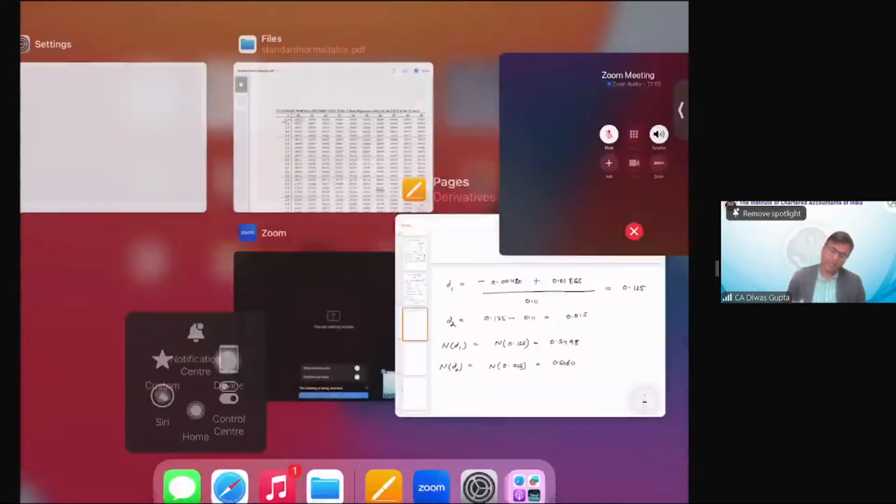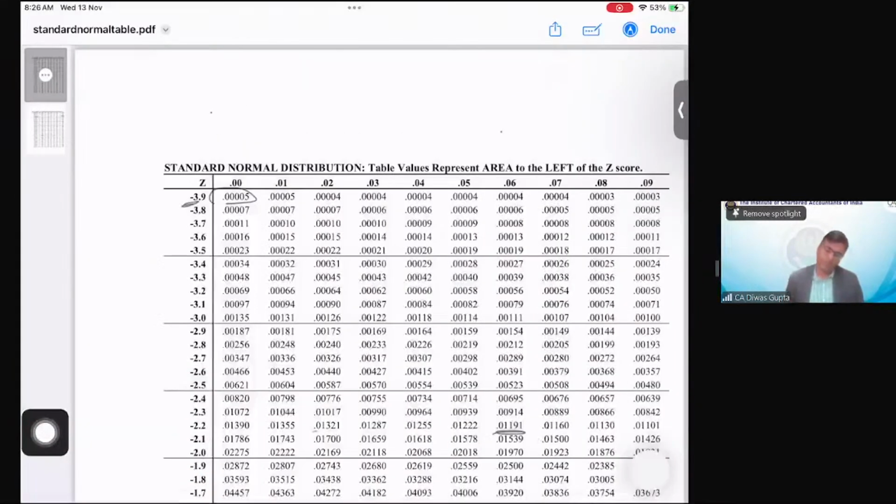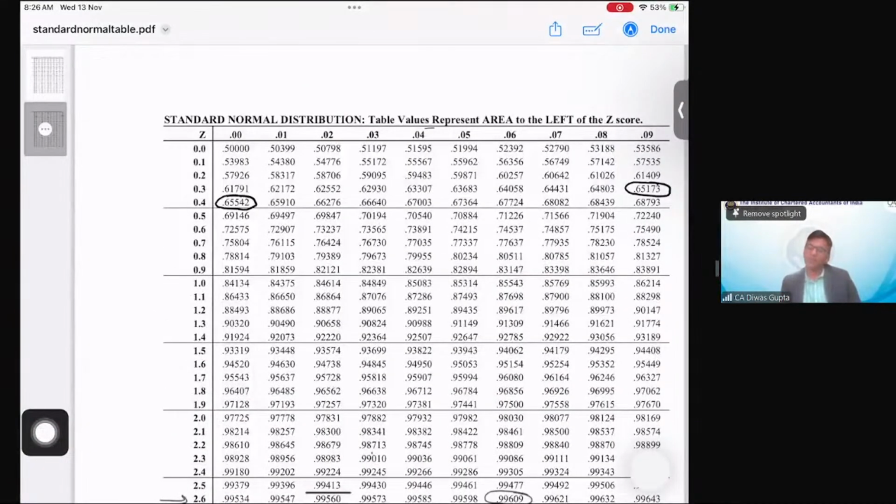I can flash the standard normal distribution table from here as well. So for example, N(D1) was 0.125. For that, 0.12 is this much, which is 0.5478, and 0.13 is this much, 0.55172.